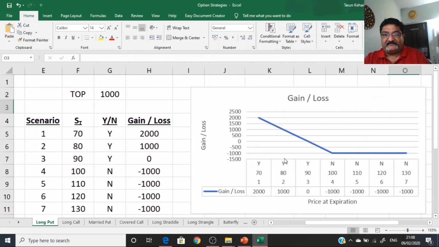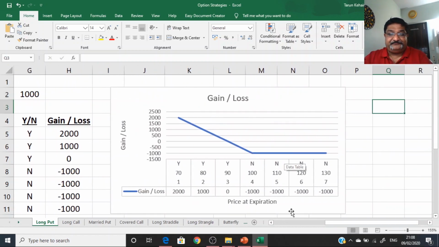Now let us look at the graph. If you look at the graph here, as the stock prices at expiration are increasing, the chances of him utilizing the put option are going down, and therefore his profits are also decreasing. They keep decreasing until they stagnate at $1,000, which is nothing but the option premium which the investor anyway has to pay.